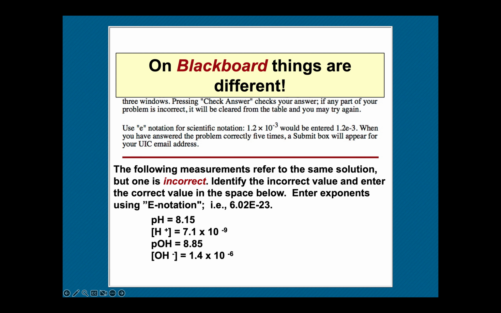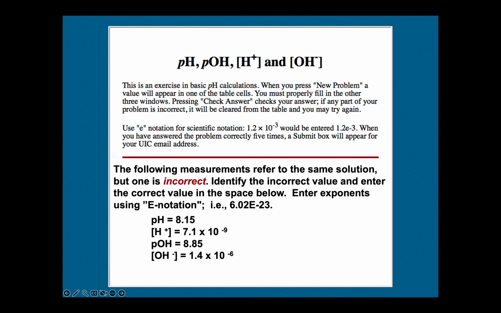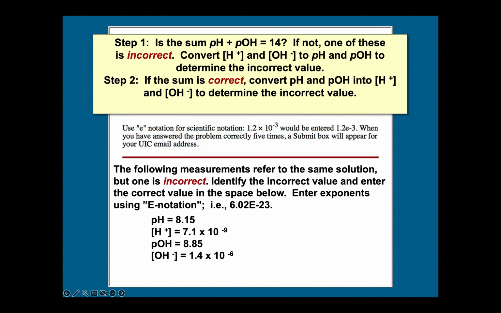The way I do it, first thing I do, we have a value for pH and pOH, don't we? We know that pH plus pOH is 14. Is it? If it's not, one of these is wrong. So we look at them. 8 plus 8 comes out to be 17-ish. One of them is wrong.